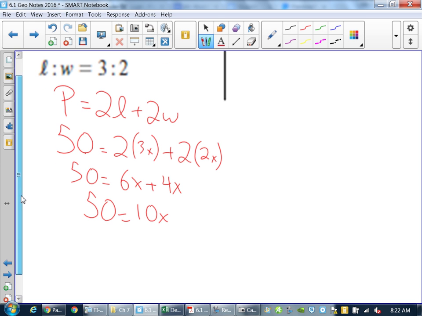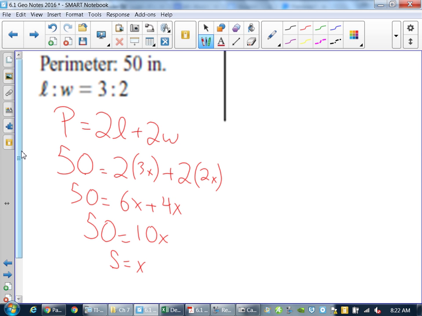and what's x? So if 5 is your x, what are your side lengths? Remember, ratios, so length and width is 3x and 2x.